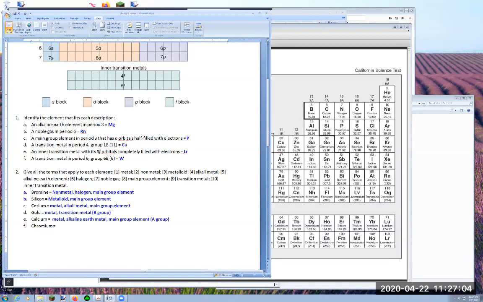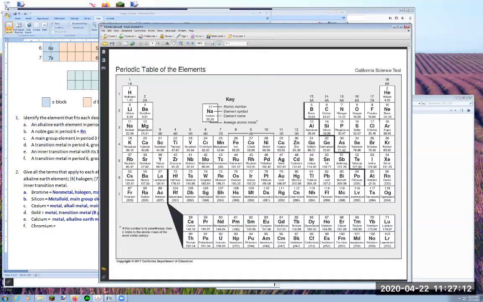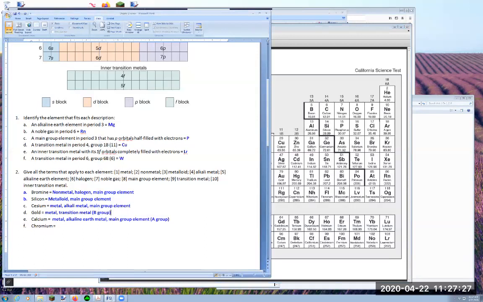Okay, do chromium. Chromium, atomic number 24, symbol CR. So chromium is on the left side of the periodic table, and that's a metal.